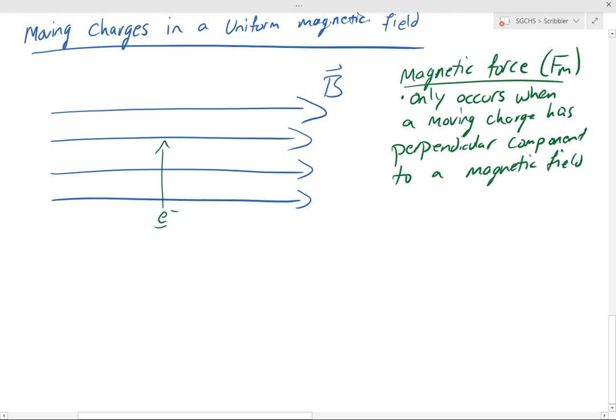So that perpendicular word is super important. If it is not perpendicular at all, say they're in the same linear plane, there would actually be zero force acting on it. We can actually determine which direction the force would be acting on this electron.